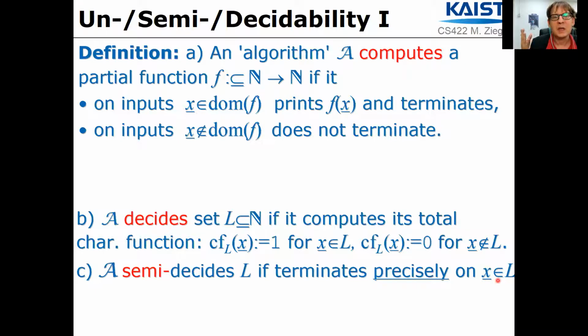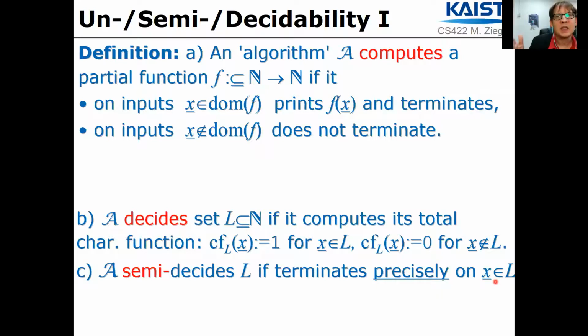So recall that when the algorithm runs forever, which here means that the argument does not belong to the set, then the user can never be sure. So semi-deciding in this sense is a weak notion, in that in half of the cases, the user does not really get an answer, or at least cannot be sure of the answer, because the computation takes forever. Whereas in the other case, when the computation does terminate, then the user knows and can be sure that the argument belongs to L, because the computation has terminated.